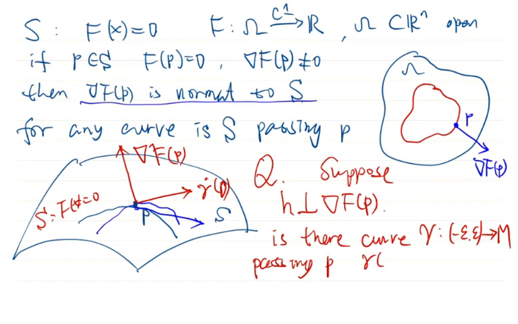Passing P means gamma(0) is P, such that the tangent of this curve at the point P is our H. So this is the question. Okay, I will show you.